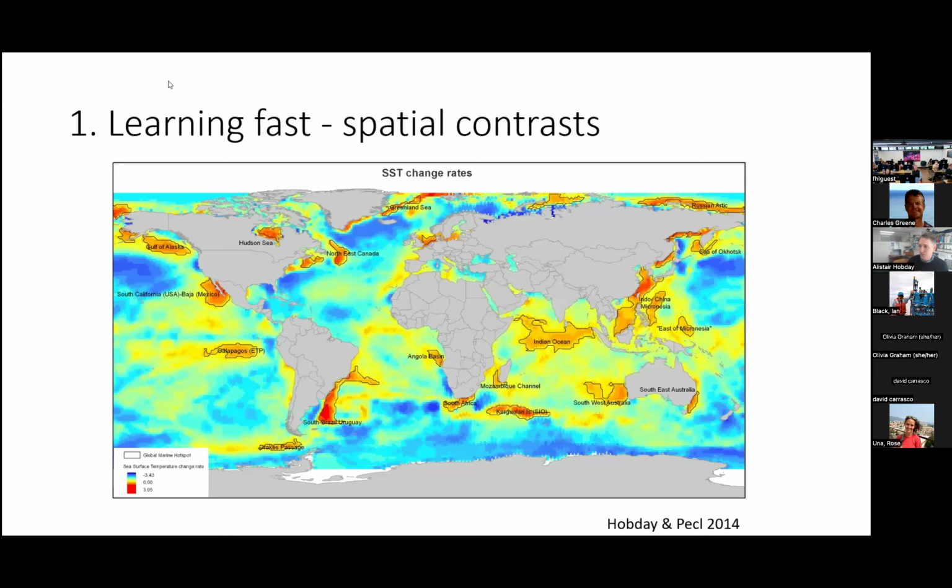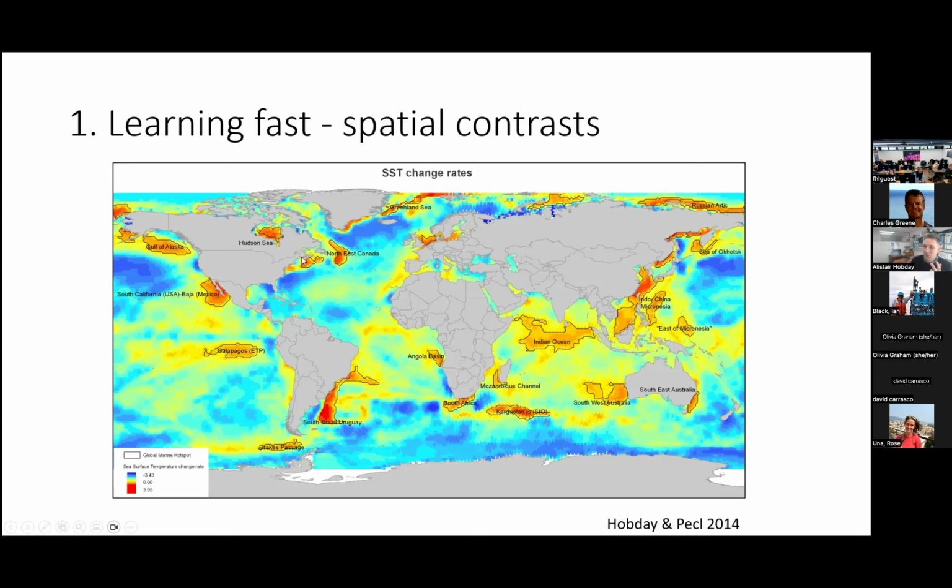And the first one is with spatial contrasts. In a very rapidly changing ocean, lots of warming, there are places that are warming particularly rapidly. And some work I did about 10 years ago identified the 20 or 30 spots in the ocean that are warming most rapidly. And these are places where we need to do adaptation most quickly. And have a look at where some of these places are. There's one off Southeast Australia where I work, another one off Southwest Australia, and off the Northeast United States and Eastern Canada.